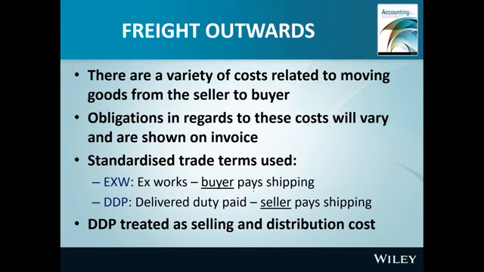Another one is DDP, delivered duty paid, where the seller has to pay for the shipping costs. So if we use DDP, the cost will be treated as selling and distribution cost.